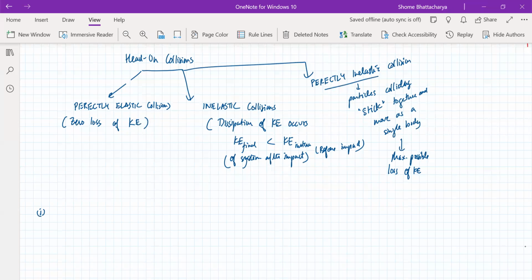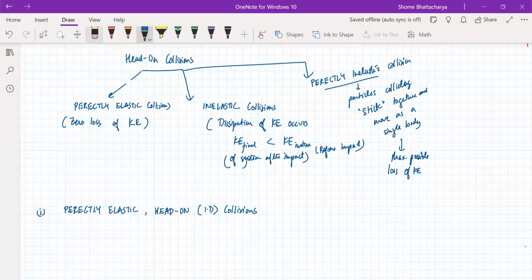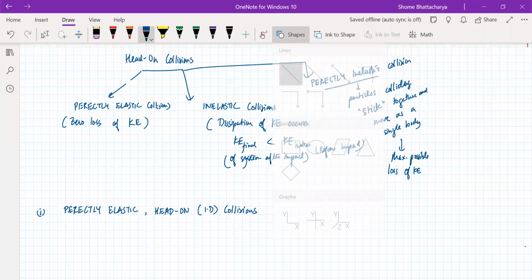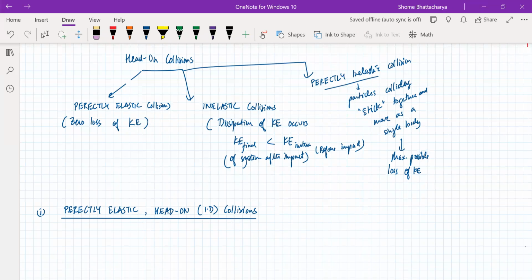Let's start with the perfectly elastic collision. We are still in the category of head-on or one-dimensional collisions. How we solve this is that we have the normal momentum conservation principle, but along with that we have an additional equation, which comes from the fact that kinetic energy is conserved for such a collision.